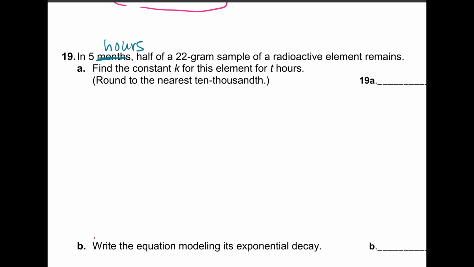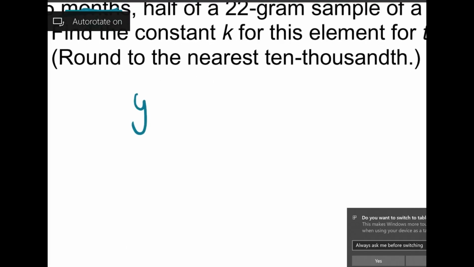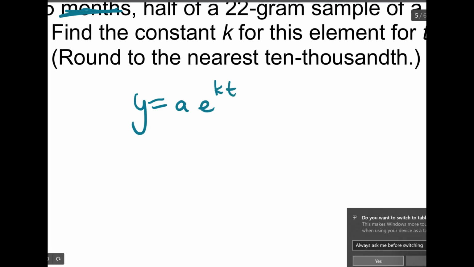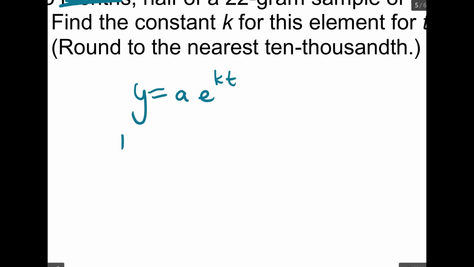Okay. So, the way I'm going to do this is y equals a times e to the kt. Right, so I know that I'm ending with half the amount I started with, times e to the k times 5.